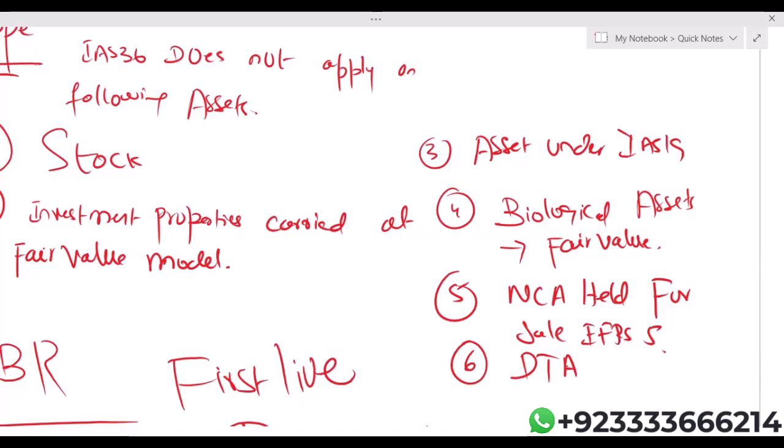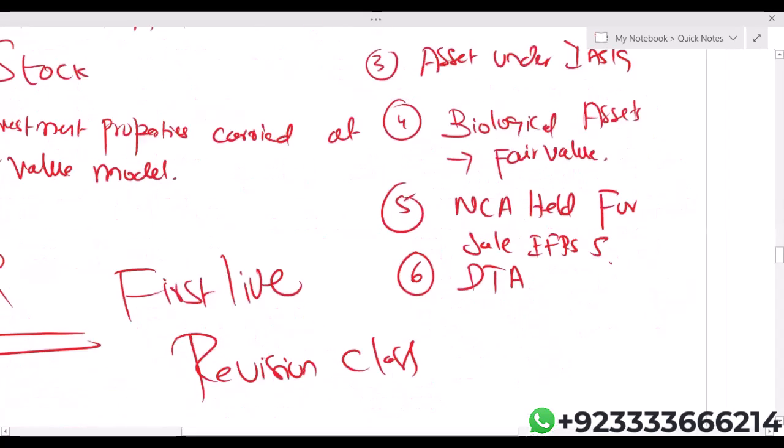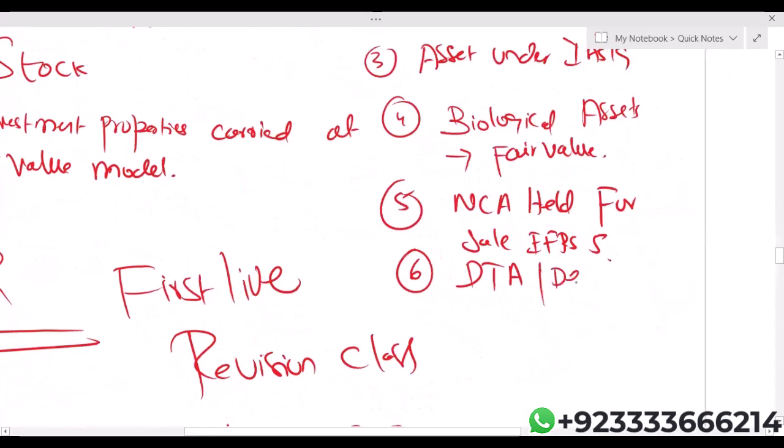Asset under IAS 19, IAS 36 is not applicable. Biological asset carried at fair value, IAS 36 is not applicable. Non-current asset held for sale, IFRS 5, IAS 36 is not applicable. And if you have a deferred tax asset, that is IAS 12, so obviously you cannot apply IAS 36 on deferred tax asset.